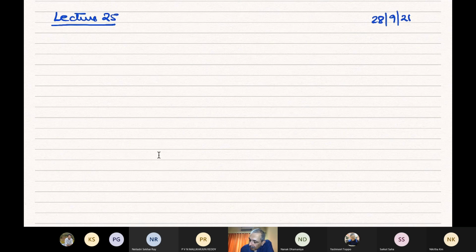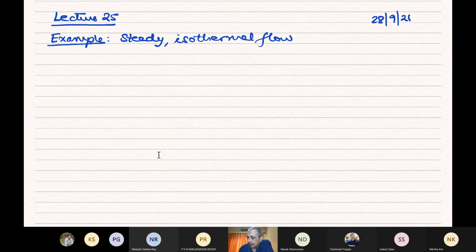Okay, the example I want to do is even simpler than what we had done earlier, and that is steady isothermal flow between parallel plates at zero gravity.